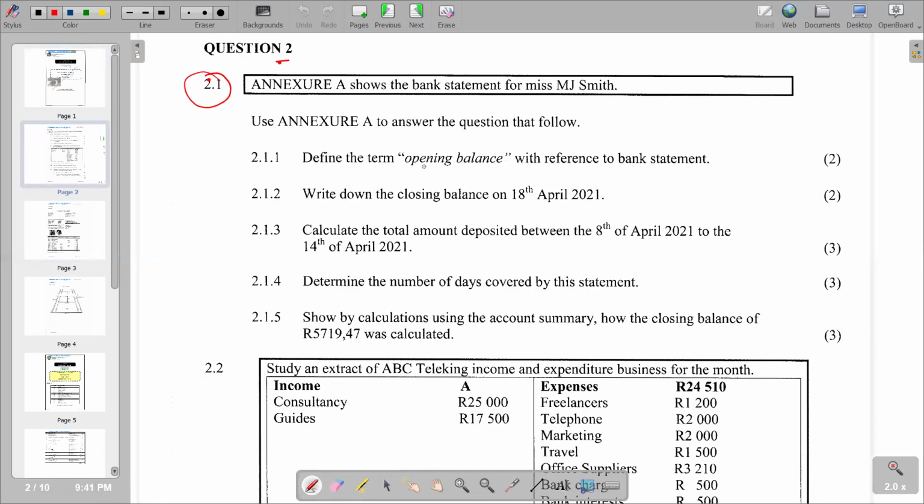The first part of the question says: define the term opening balance with reference to a bank statement. An opening balance is a balance that is brought forward from the previous period.